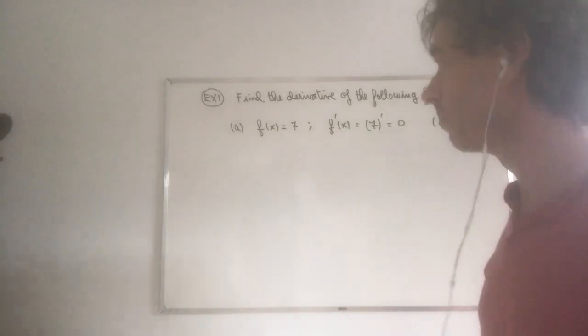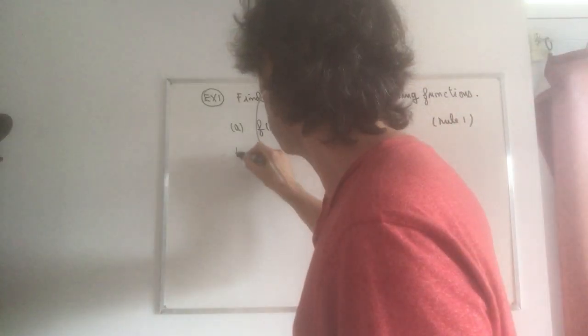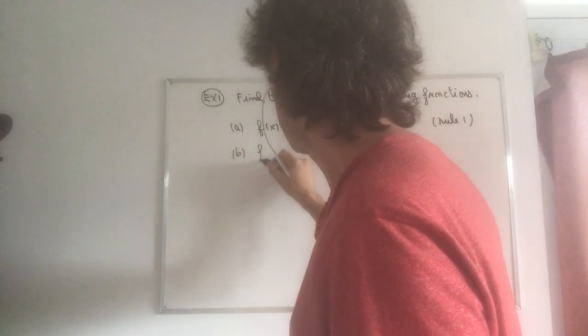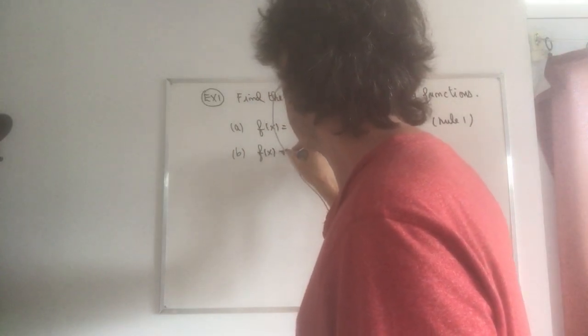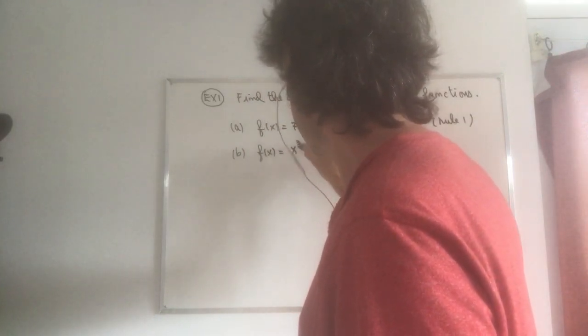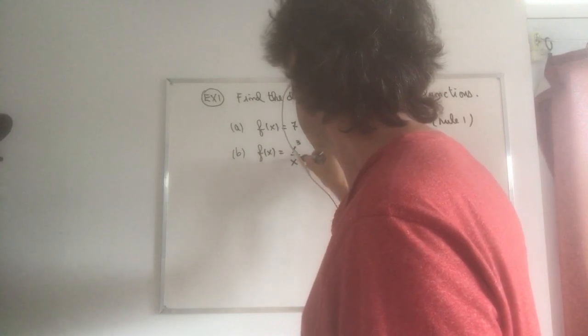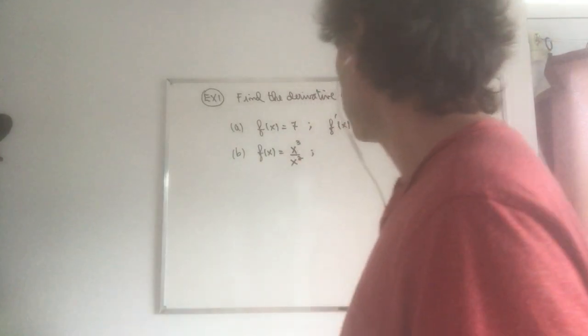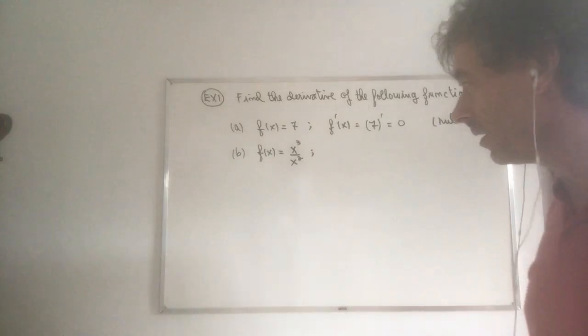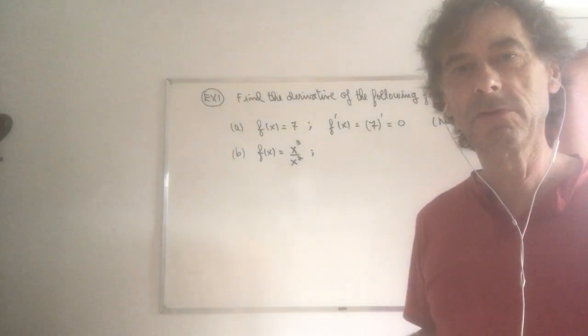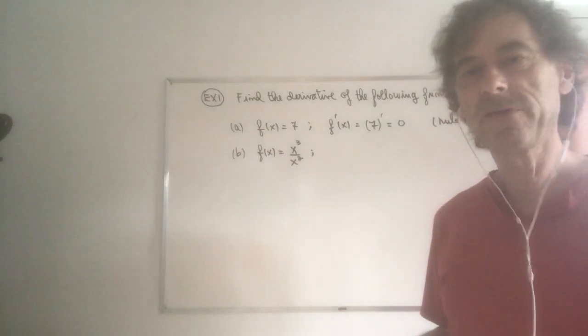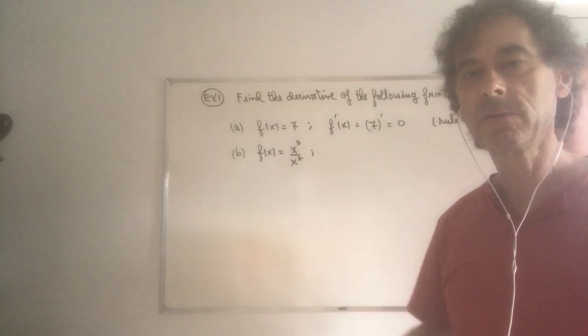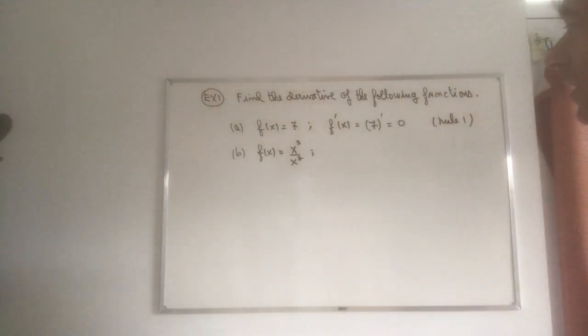So that actually helps us to bypass the limit definition and use the rule to get the answer much more quickly. What about this? f of x is equal to x^3 over x^2. Uh-oh. Division? I don't think I've seen a rule for division. Would it be possible that I am trying to trick you? Certainly not. I would never do that.